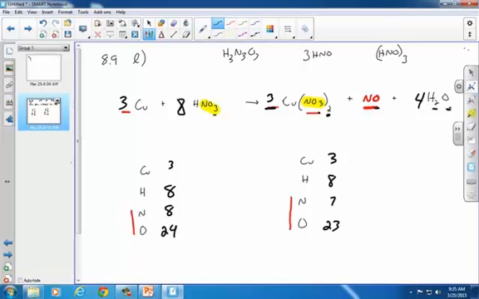Yeah, so after all that trouble, now I'm finally there because I need one more NO and one more O on the right hand side, and I can get that by increasing the number of NO by one more than it was. So now if I count everything up, I'll have 8 here and 24 here.